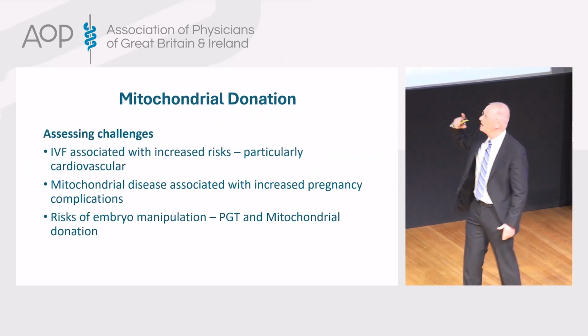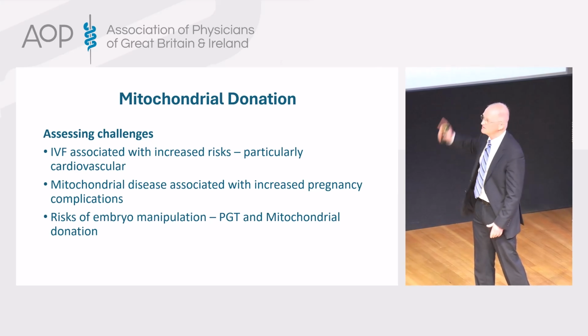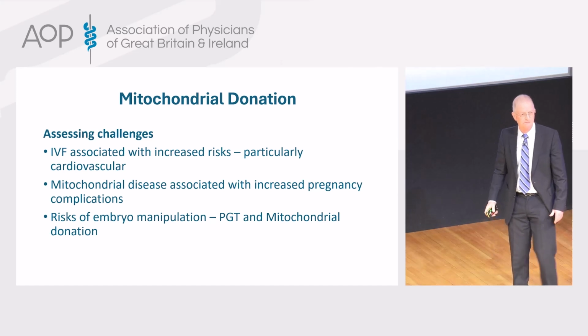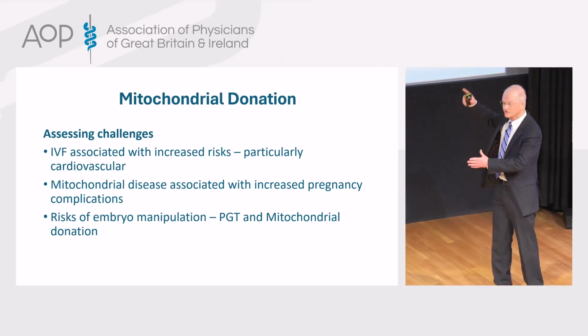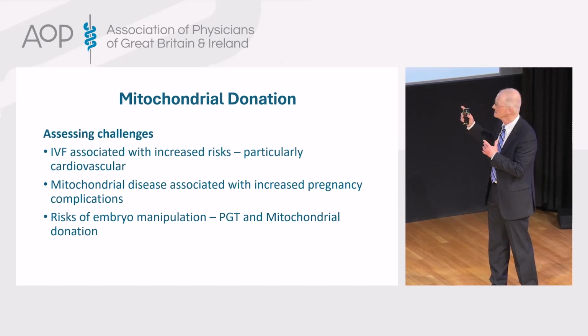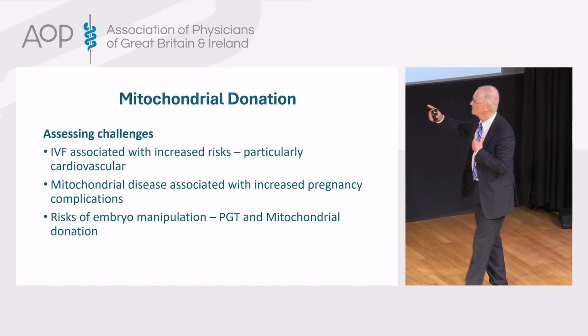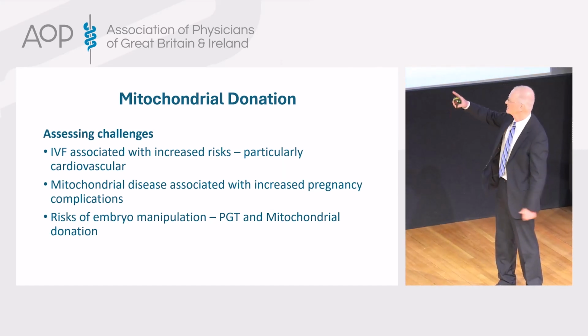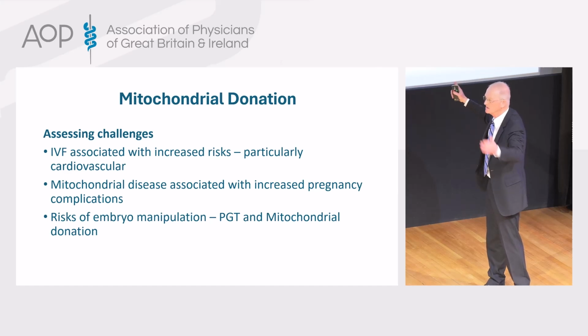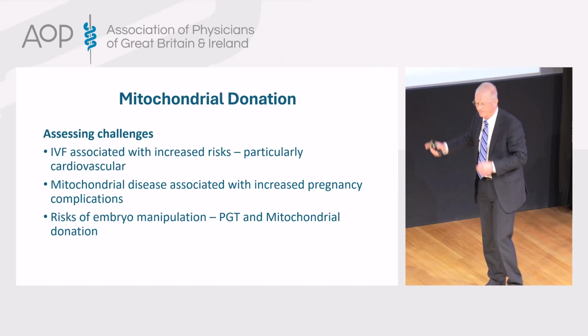Because IVF is associated with increased risk, in particular of cardiovascular problems. Mitochondrial disease itself is associated with increased pregnancy complications. Never mind the risk of embryo manipulation, because you can get the same sorts of problems in PGT, which now is not monitored at all, versus mitochondrial donation.